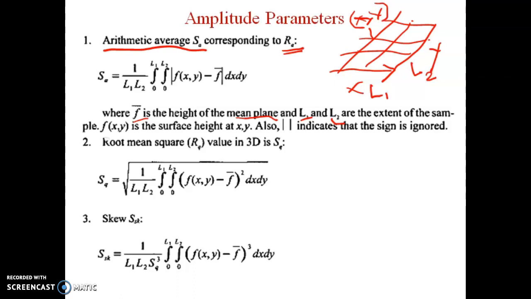Similarly, we can have the root mean square value, that is Sq. Instead of Rq, we are using Sq, and it has a formula like this. The skewness, Ssk, is defined by this equation.